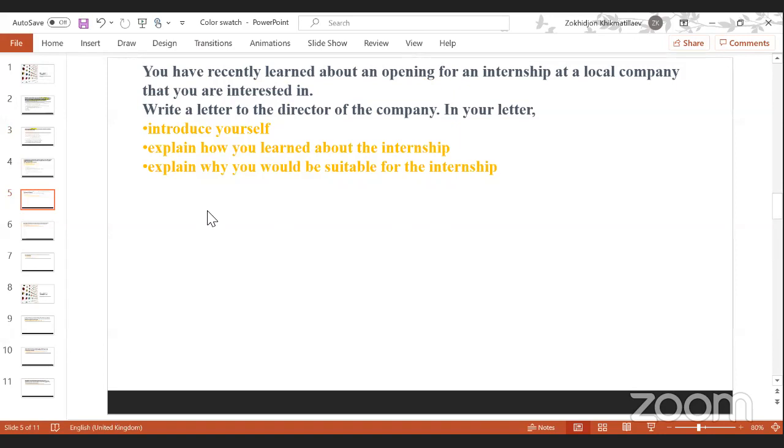So first, we have to pick our field. What kind of company is it? What is your field? Okay. So, do we know to whom we are writing? Yes, to a director.